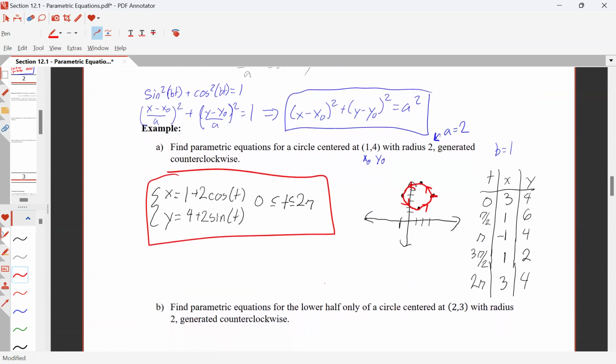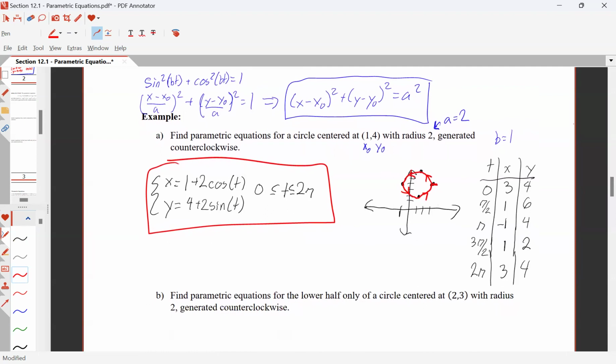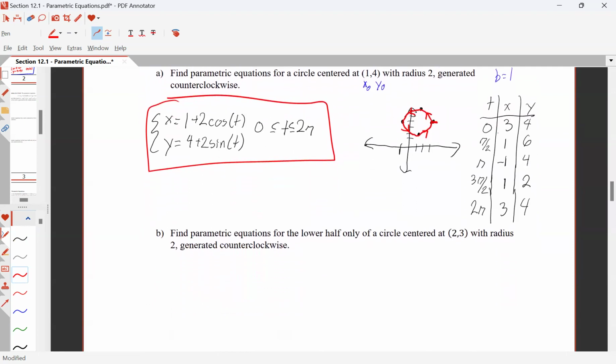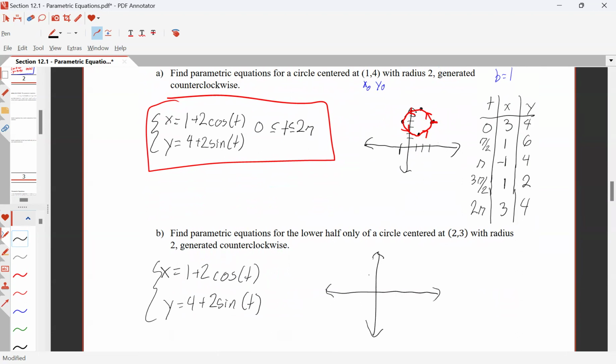Part b says, what if we want to only find the lower half of the circle? Well, we can use the same equations. In fact, we should use the same equations. What we need to change is what is happening with t. We only want this lower half of the circle part.